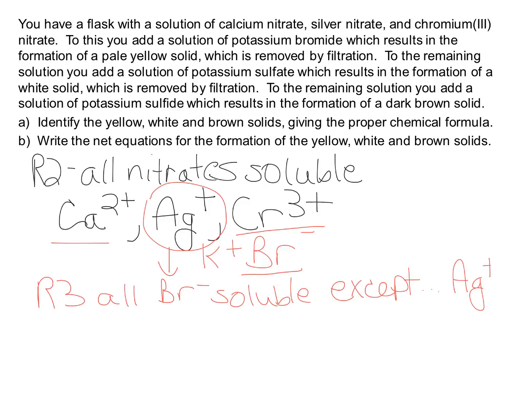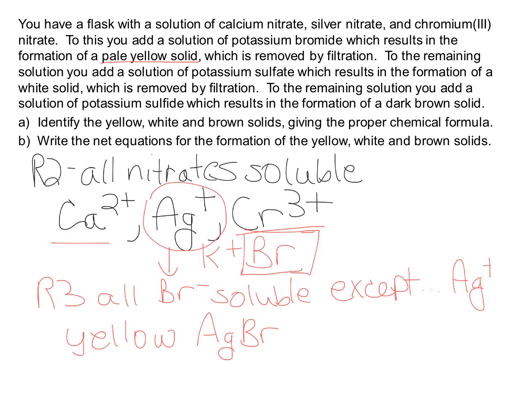So, we know now that our solid here, for the first one, where we add potassium bromide and we get a pale yellow solid, our yellow solid must be the result of silver plus and Br- precipitating. So that must be, since silver is 1+ and Br is 1-, this material right here.